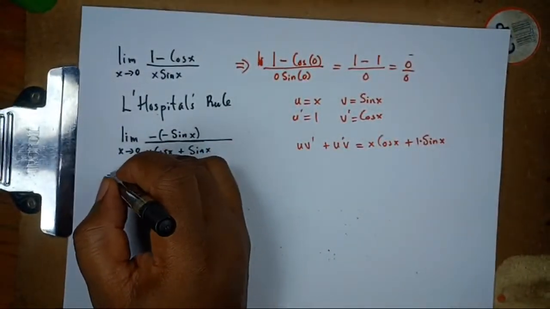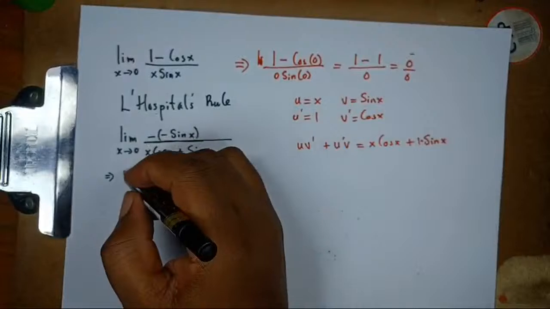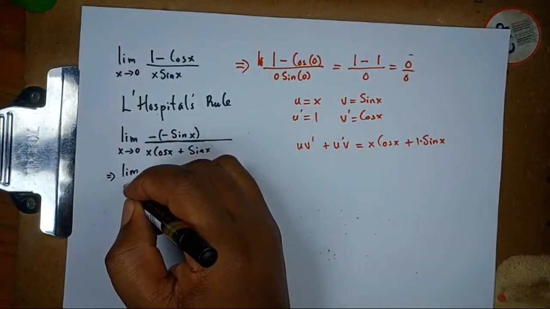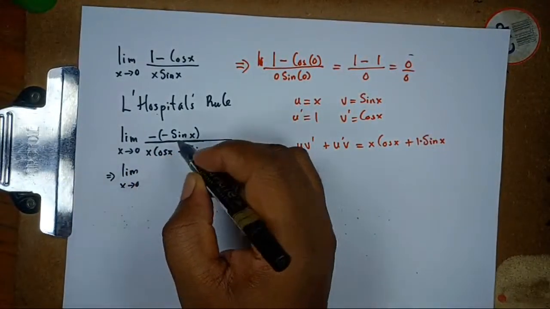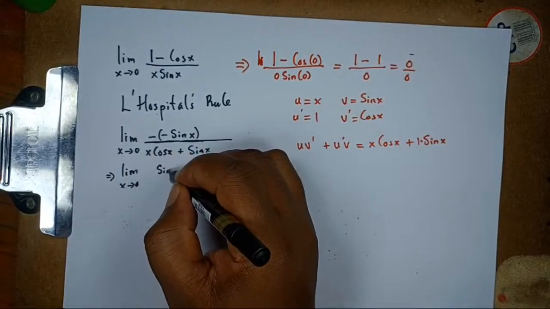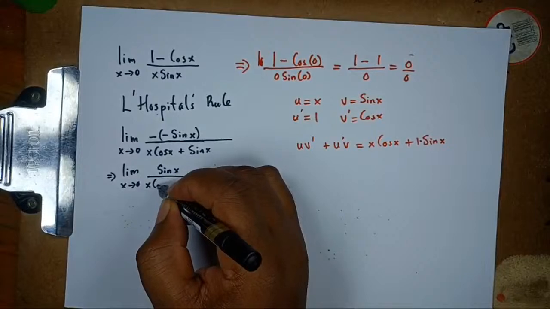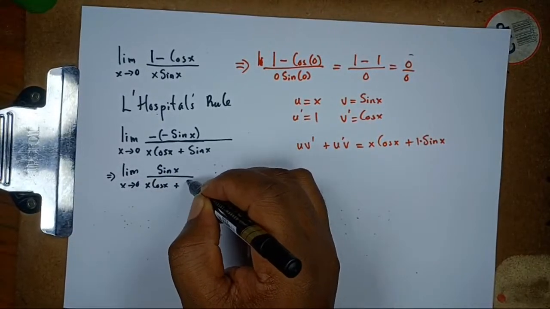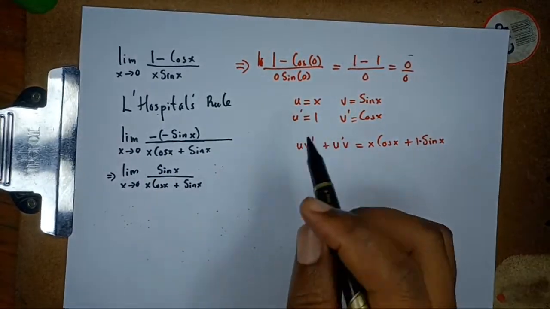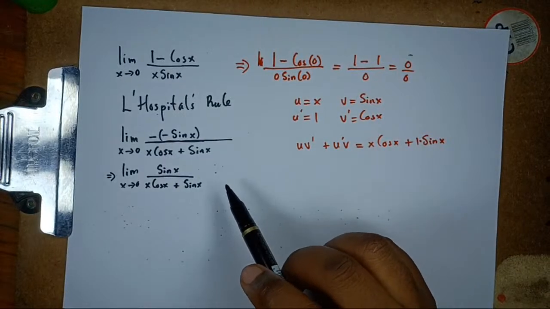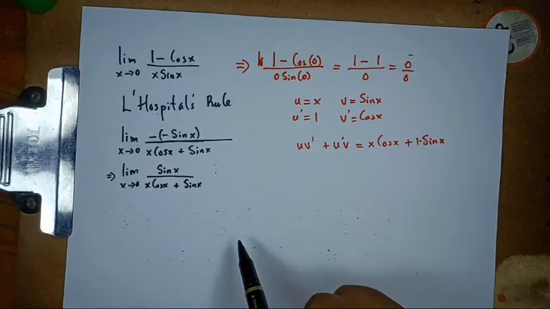So what does this give us? The numerator is the same as a positive sine x. The denominator is simply x cos x plus sine x, as it is. Let's do the substitutions.